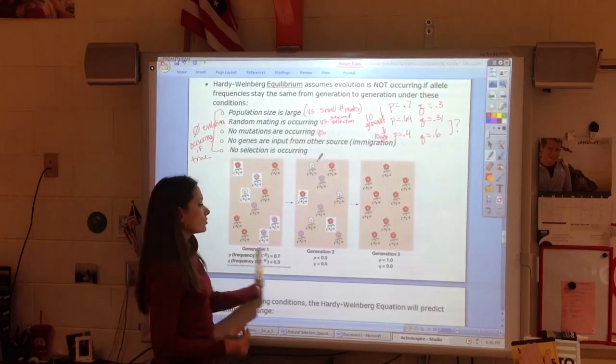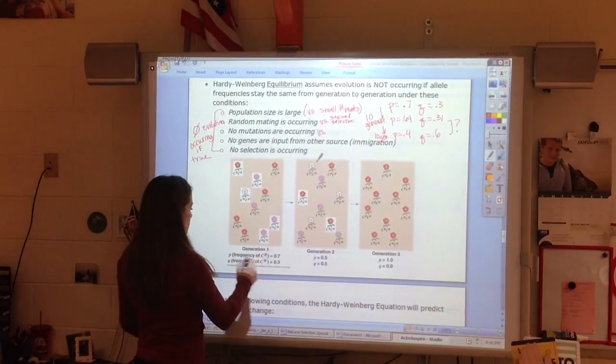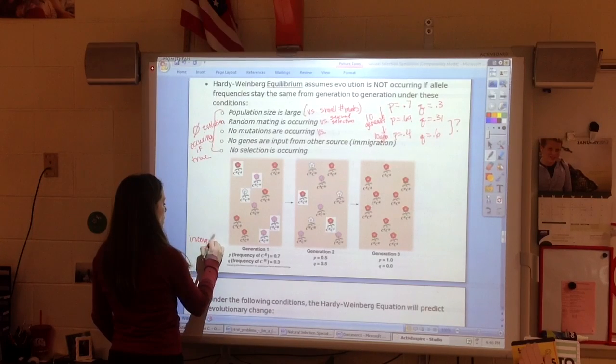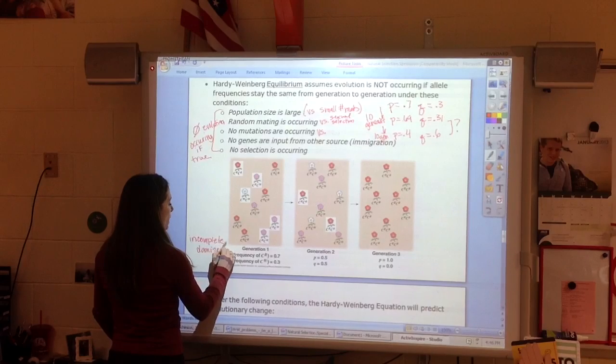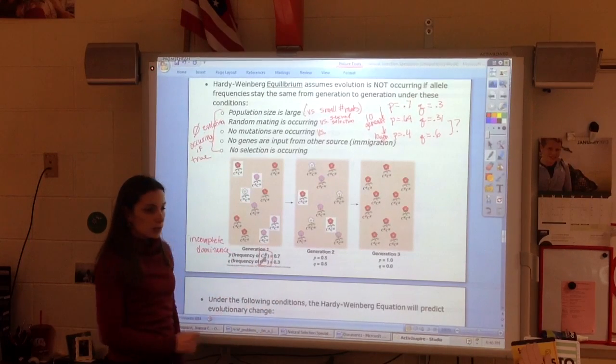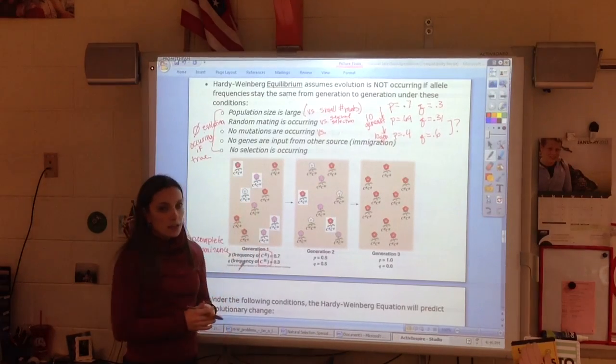And so we have a really interesting generation here, generation 1, 2, and 3. Interestingly enough, this is actually an incomplete dominant trait. We can still use Hardy-Weinberg because there's still only 2 alleles, the red allele and the white allele, but we just see that when they're together they mix.